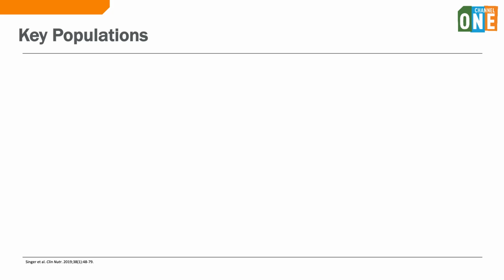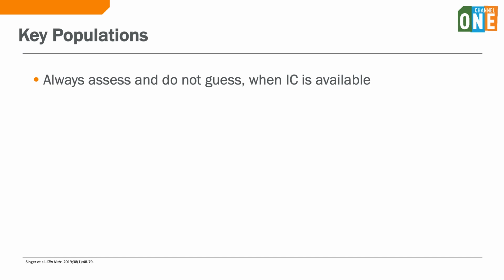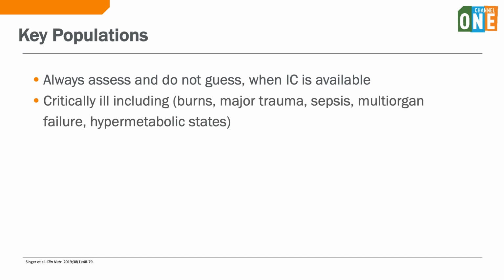When we are looking at key populations, we should always assess and not guess when indirect calorimetry is available. The key populations of patients with hypermetabolic conditions include burns, major trauma, sepsis, organ failure, postoperative recovery, where metabolic rates can vary as inflammation evolves.